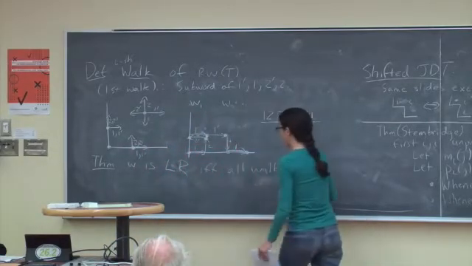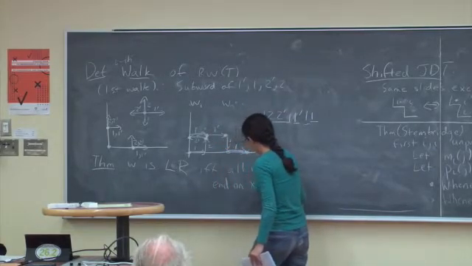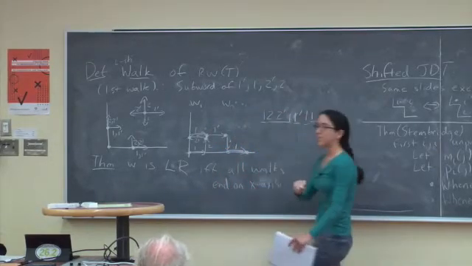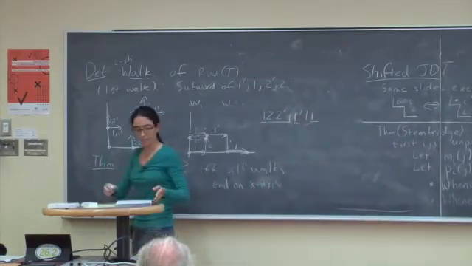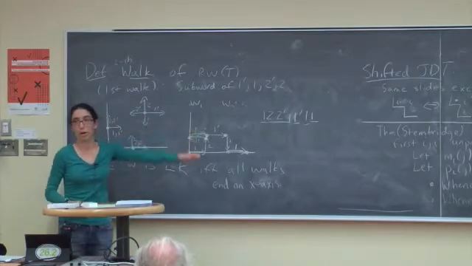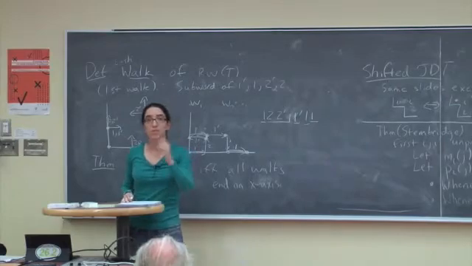The ith walk ends on the x-axis. Okay, so that's the condition, and it's a much faster condition. You just read the word left to right, you draw out your walk, you see where you end, and there you are.